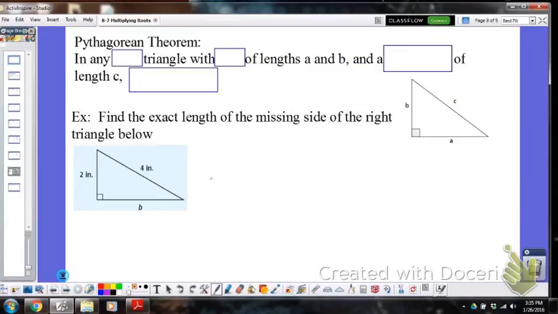So let's talk about the Pythagorean theorem a little bit. We've seen the Pythagorean theorem before. You should have seen it in 7th grade. So with the Pythagorean theorem, in any right triangle with the legs of lengths A and B, so like the triangle below, it has legs that have a length of A and a length of B, and a hypotenuse.